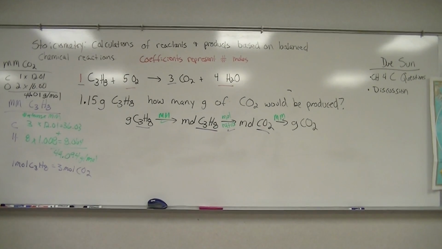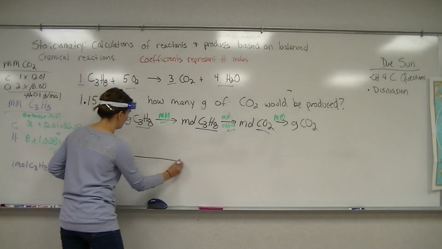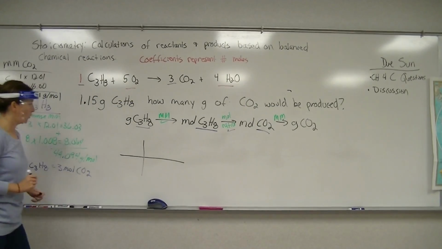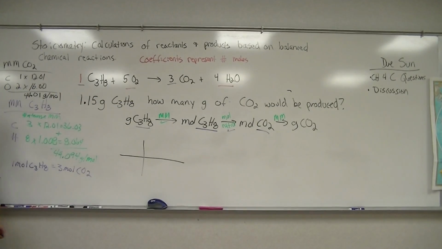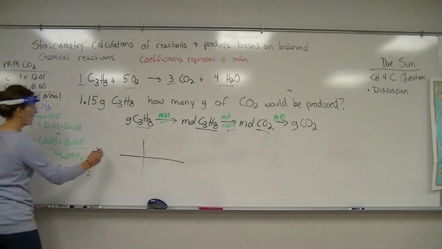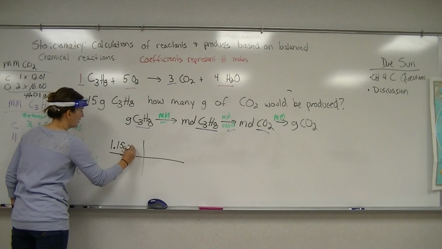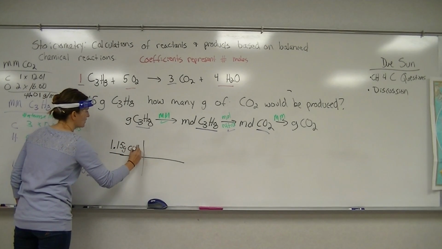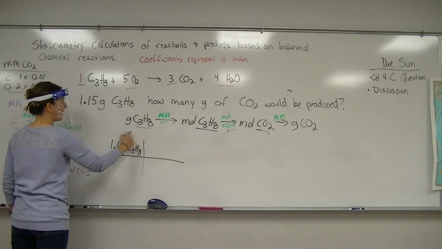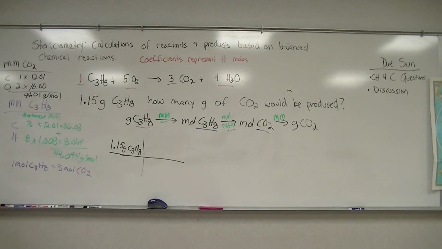All right, so we have 3 different conversion factors. Now we can start our railroad tracks, or dimensional analysis, I should say. What are we starting with in this upper left-hand corner? The 1.15, what the question gave us, grams of C3H8.